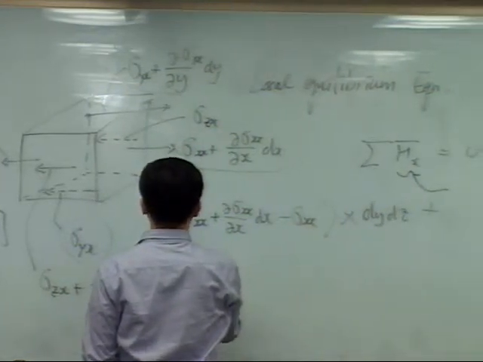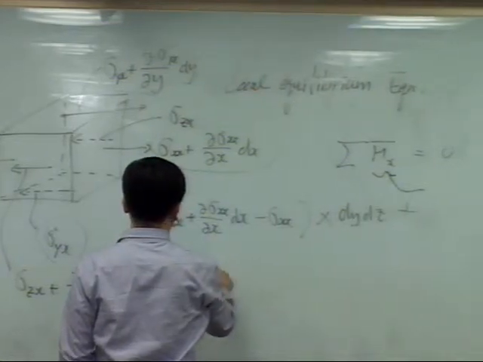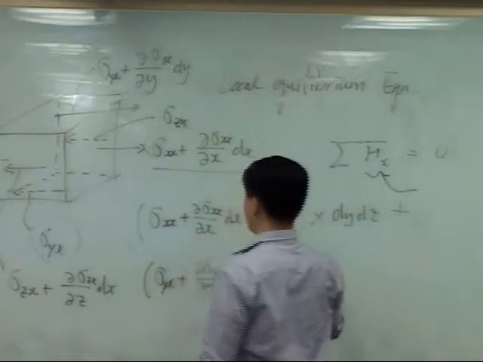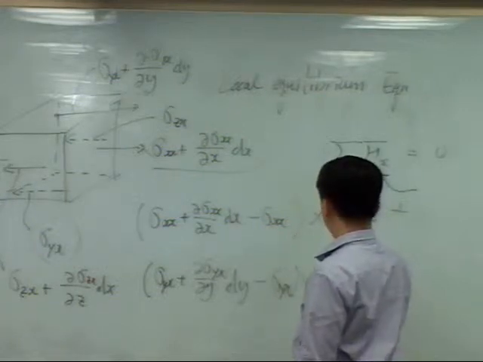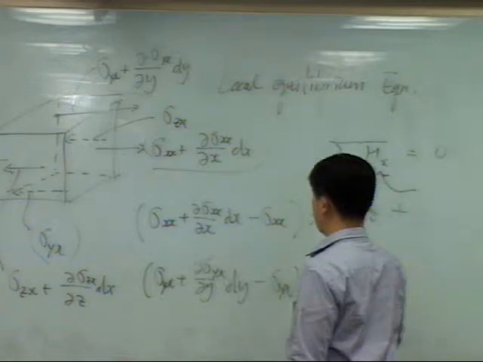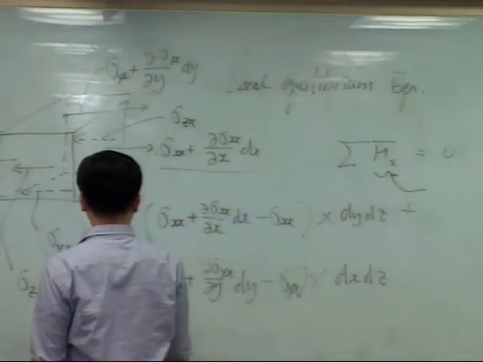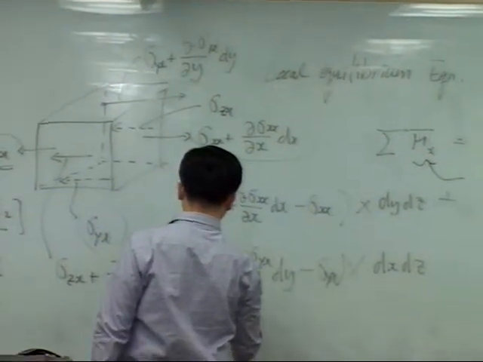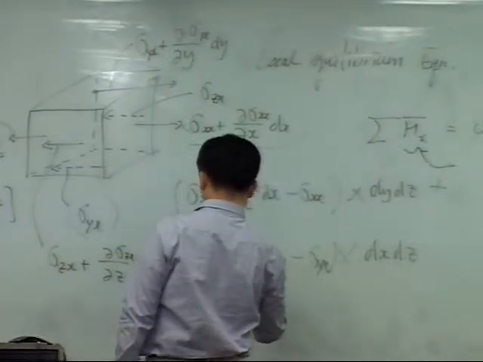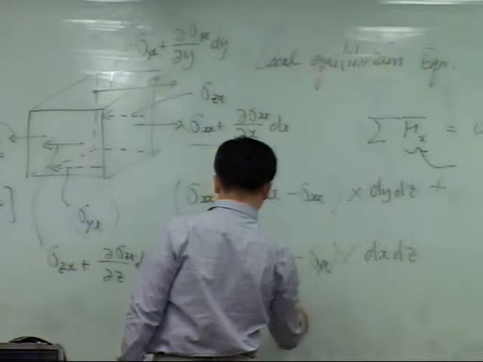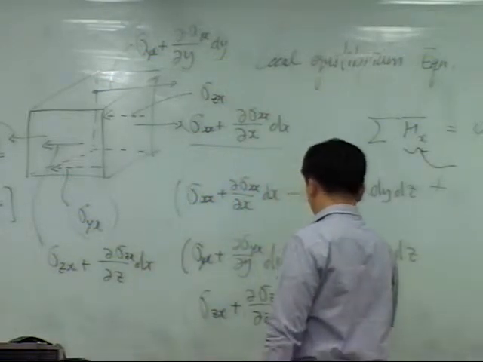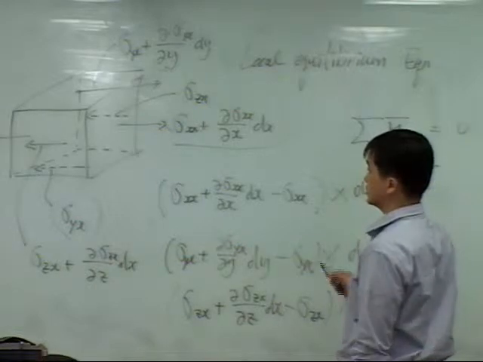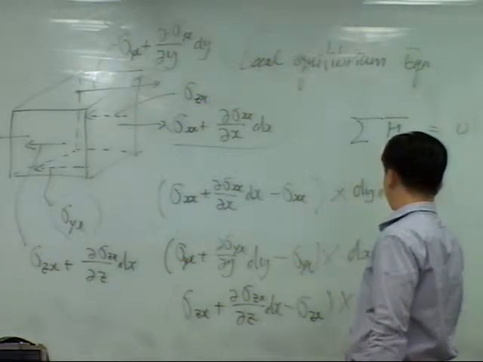So stress yx plus partial yx dy minus yx, and I need to multiply by area dx dz. And the last one, stress zx plus partial zx dz minus stress zx, multiplied by dx dy.